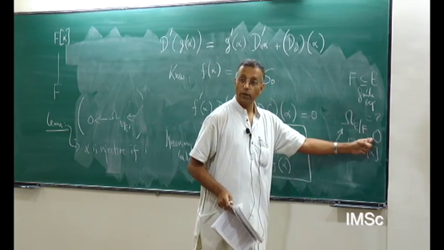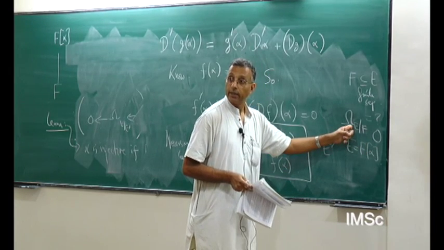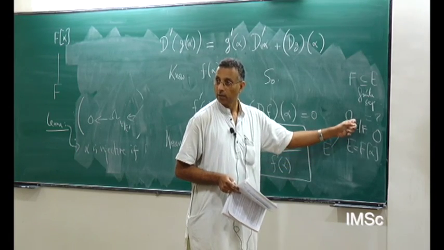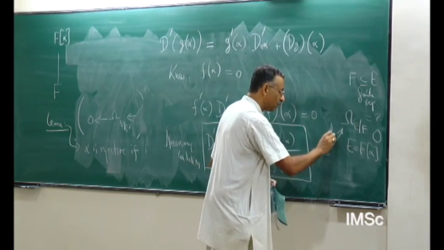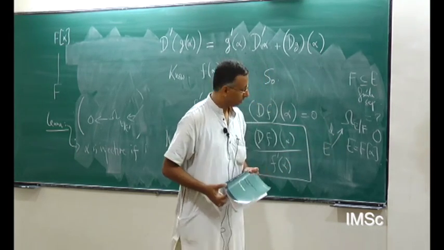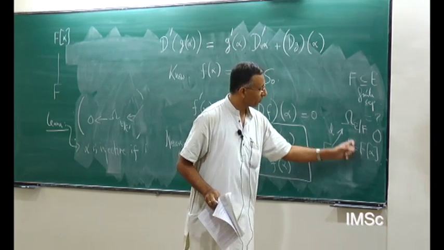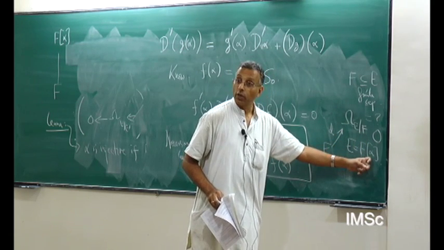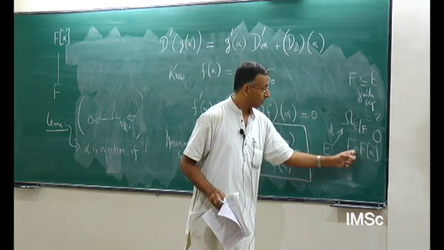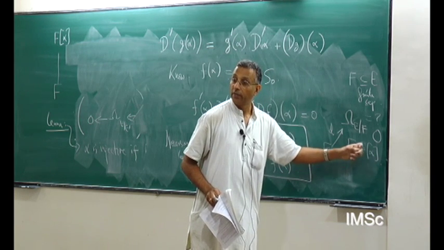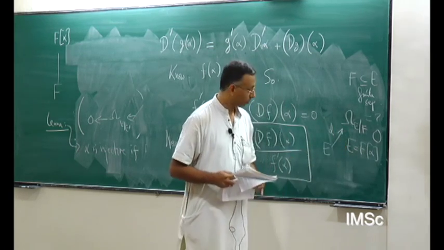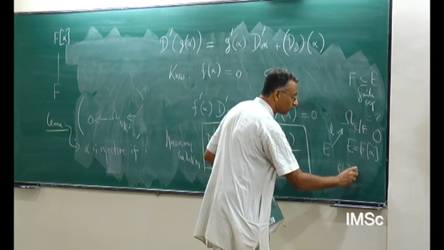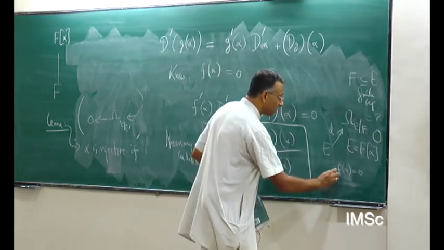To show that this is 0, it's enough to, because I know that it is generated as an E module by images here. It's enough to show that all the images are 0. Okay, and this map is D. I'm omitting the E bar. Now I know that D of f is 0 because they are all f derivations. So if I show that D of alpha is 0, then since this is generated as an algebra by f and alpha, everything will be 0. Okay, and why is D alpha 0? Well, you know that f of alpha is 0, and where does D go?